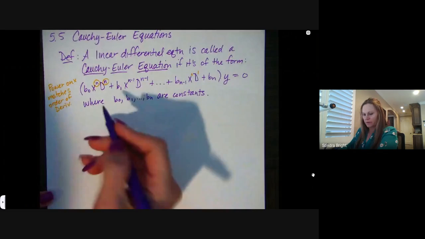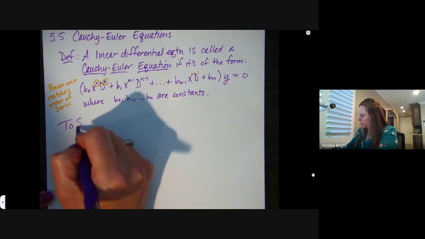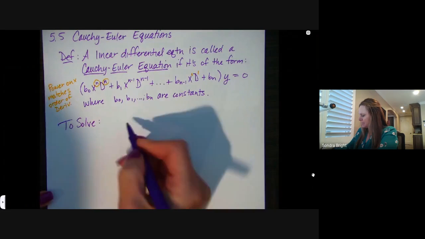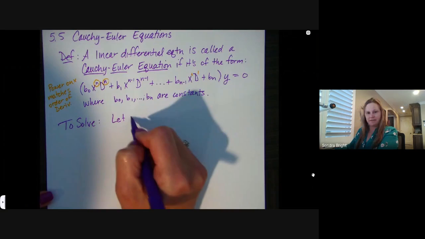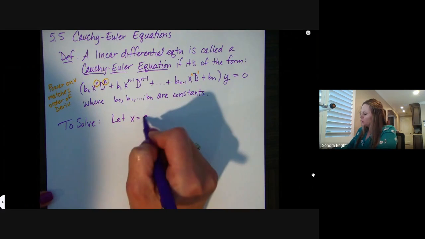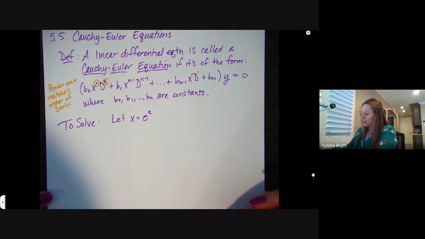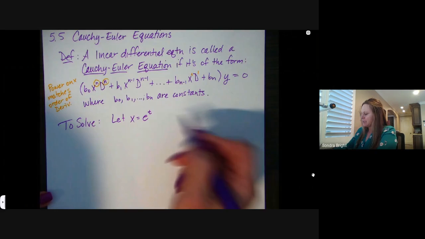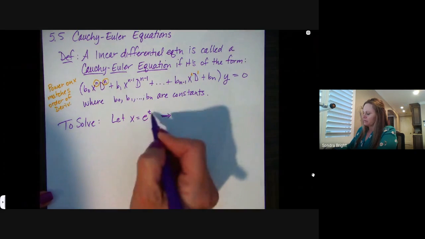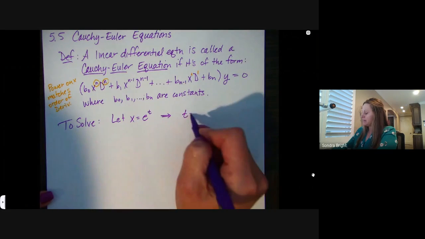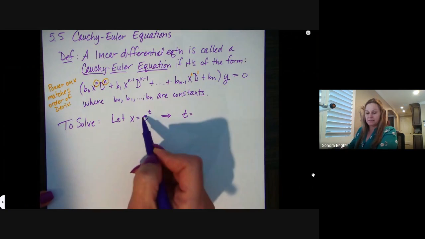So to solve, what you're going to do is let x equal e to the t. Which also means that if you were solving for t, t would be the natural log of x.